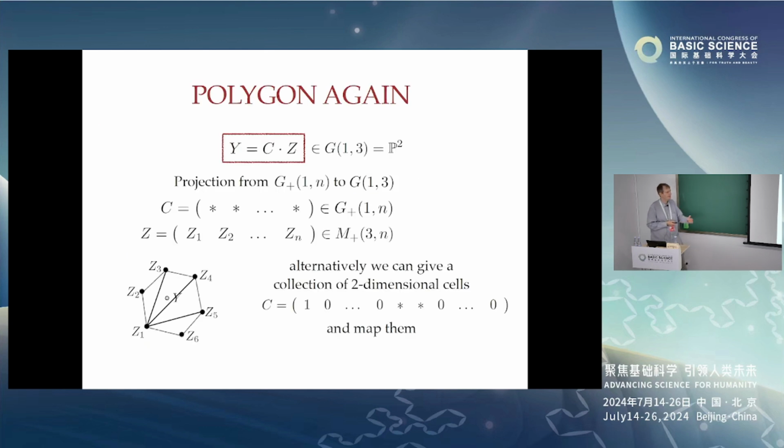Now the amplituhedron, in the general case, is just a direct generalization of the mathematics behind these polygons. So we started with a polygon, a point inside a polygon as this matrix multiplication C dot Z, where C was this row of positive numbers, and Z was a matrix with also positive minors. So this was for the polygon.